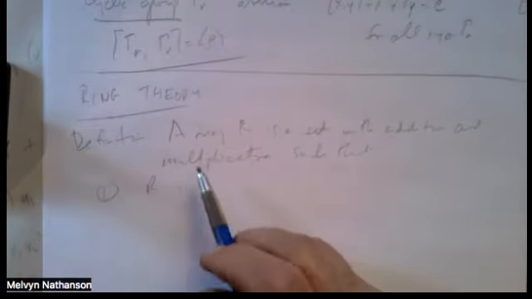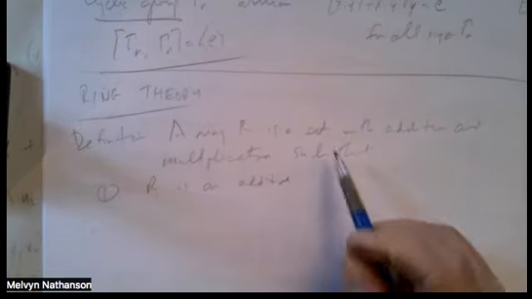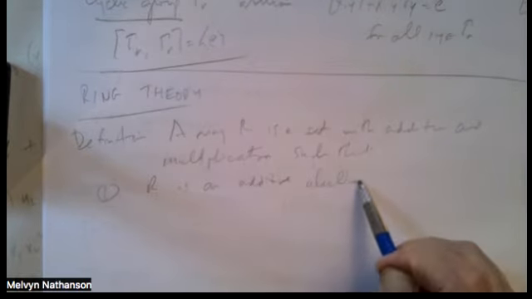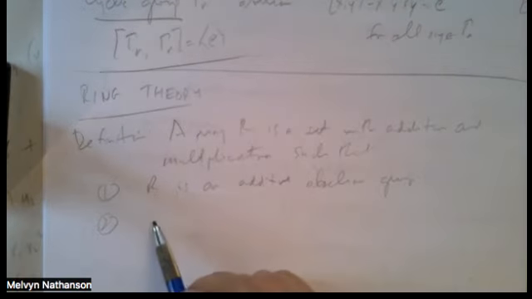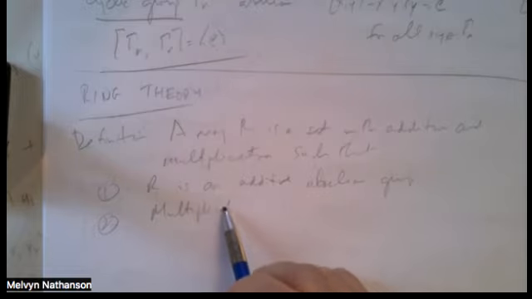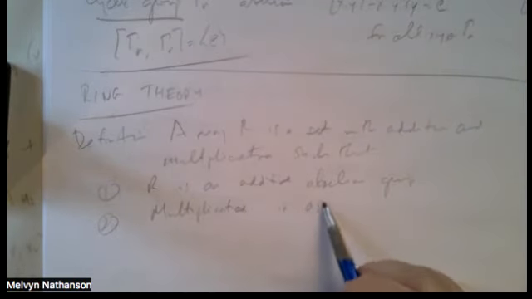First of all, R under addition is an additive abelian group. Second, the multiplication is associative.